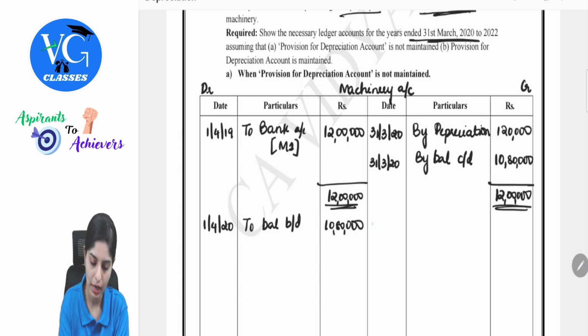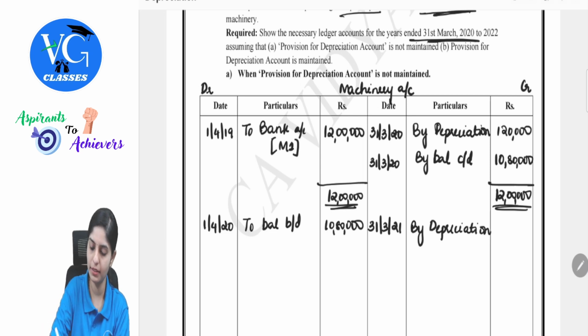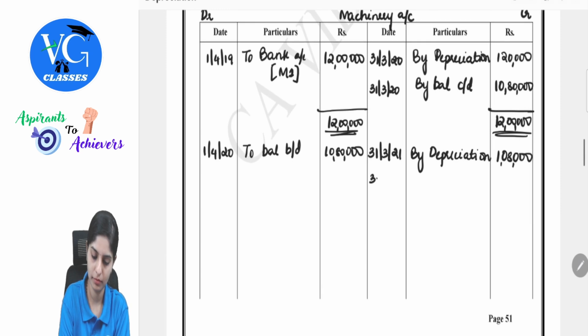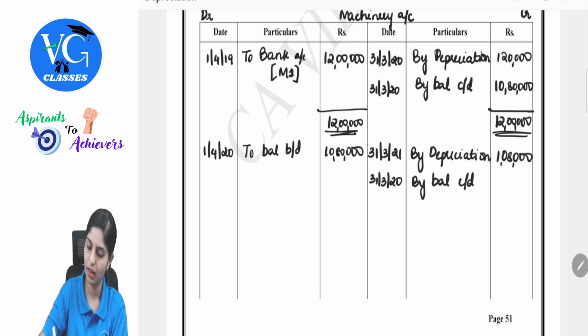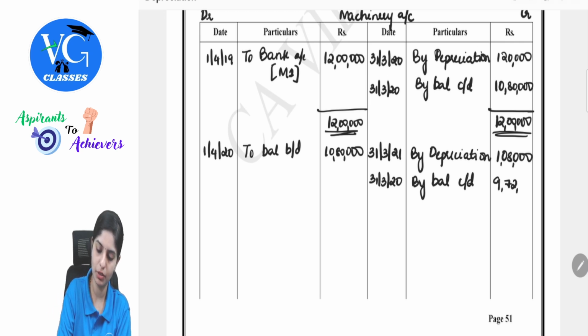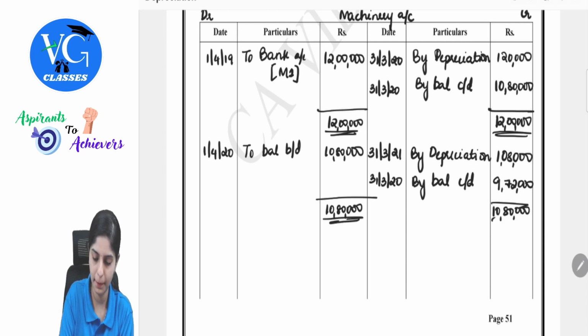Next transaction was in the year 21. So this year also there is no other transaction. 31st March 21, by depreciation on 10,80,000, 10%. So 1,08,000. 31st March 2021, by balance carried down 9,72,000. 10,80,000. 10,80,000.